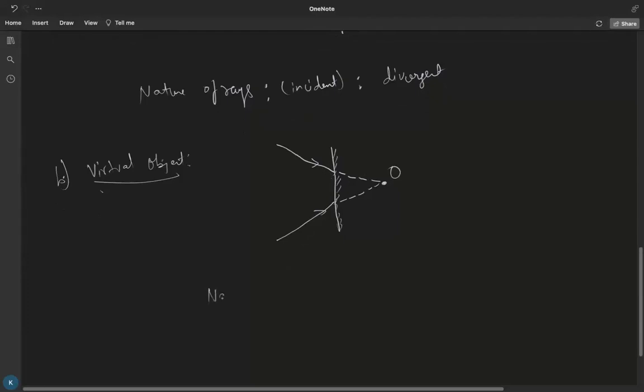In this case, the nature of the incident rays is convergent.